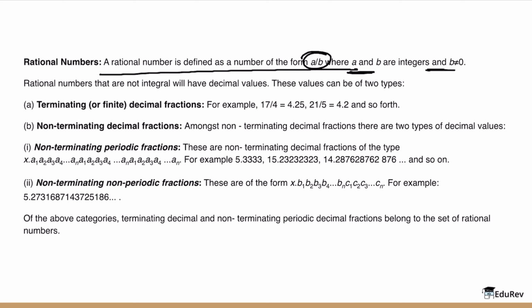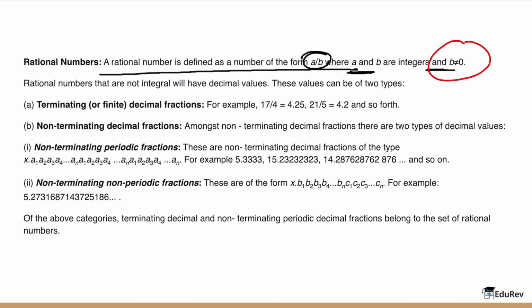B is obviously non-zero, because in the previous slide we studied that division by 0 is not defined. So if B here is 0, then the whole concept doesn't make any sense. Therefore B is a non-zero number.